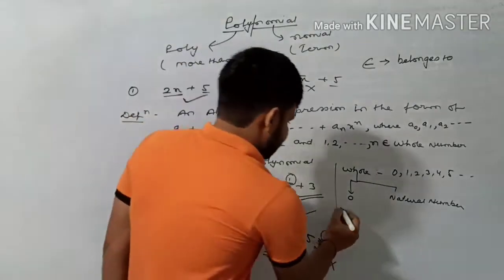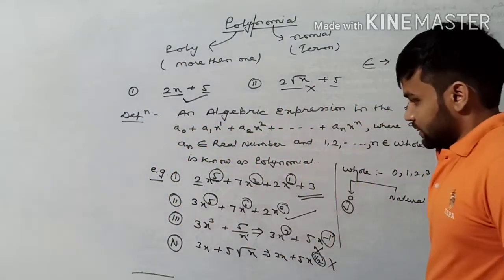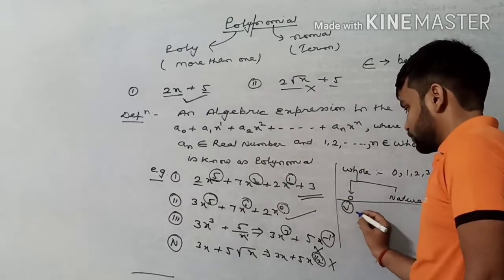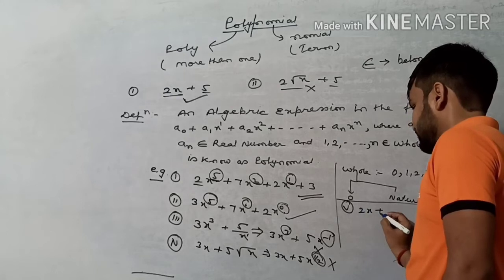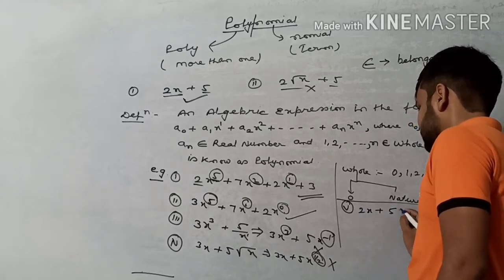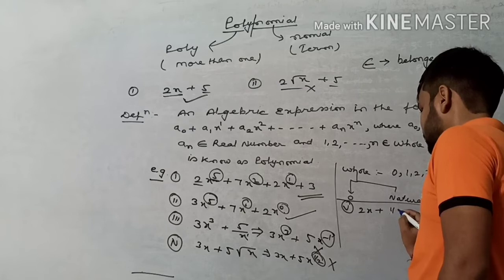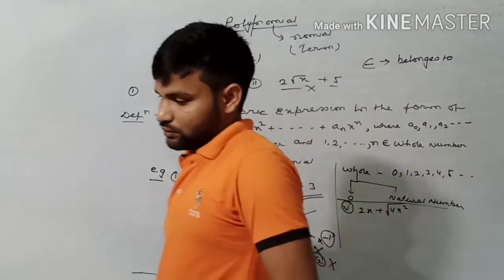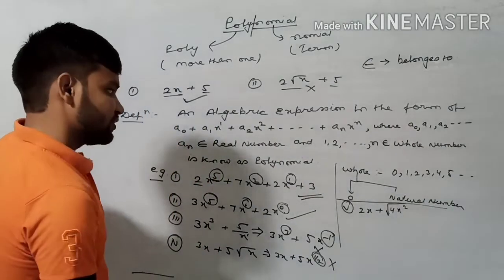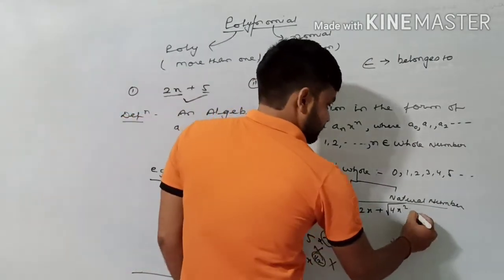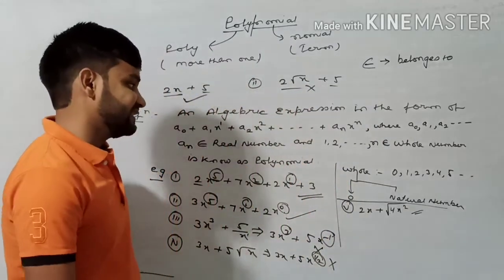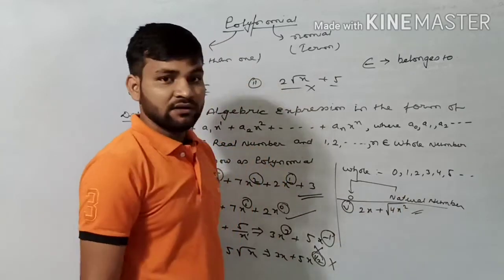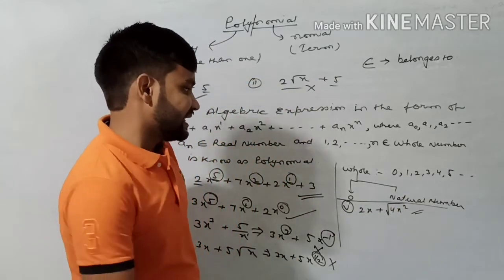Next, we take the next example. First think whether these are polynomials or not: 2x plus 5 root over 4x square. Is this a polynomial? You may think, why is this algebraic expression a polynomial here, since there is a root? But I say that this is a polynomial.